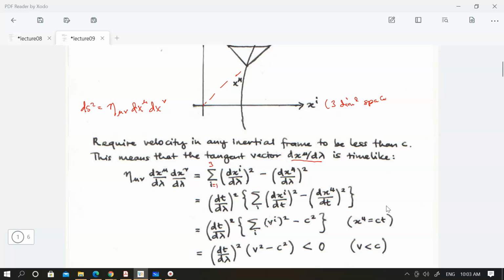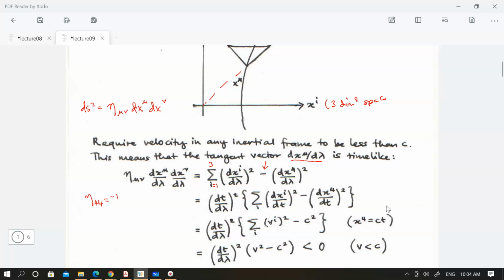The fourth term, you have eta for 4. Eta for 4 is -1, so that gives you this -1. And you have the derivative of your fourth coordinate with respect to lambda squared. But since we do not know what this lambda is supposed to be, what we can actually try to do is to convert this to your time coordinate.